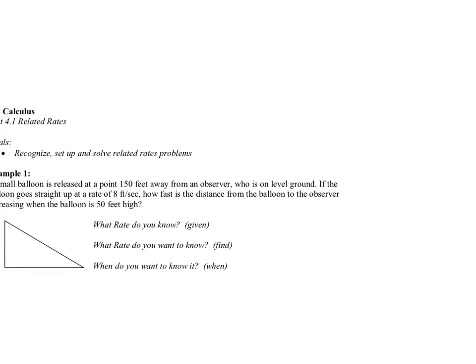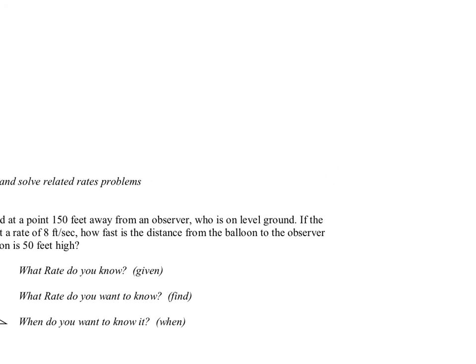Remember that when we're looking at related rates, we're looking at differentiating with respect to time. So when you have maybe a simple function like x squared and you're taking the derivative with respect to x, you simply get 2x. The variable matches the variable that you're taking the derivative with respect to.